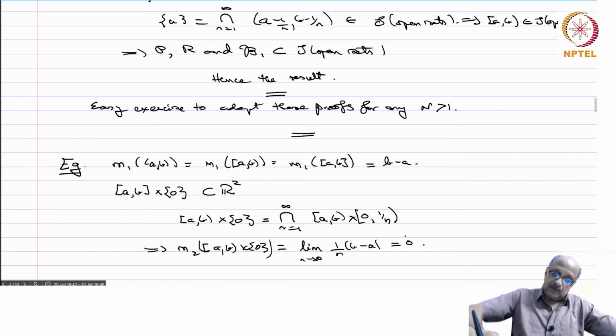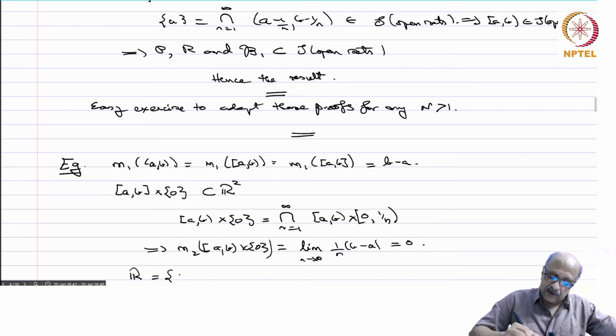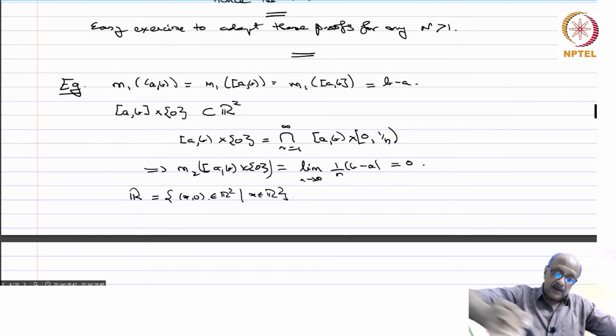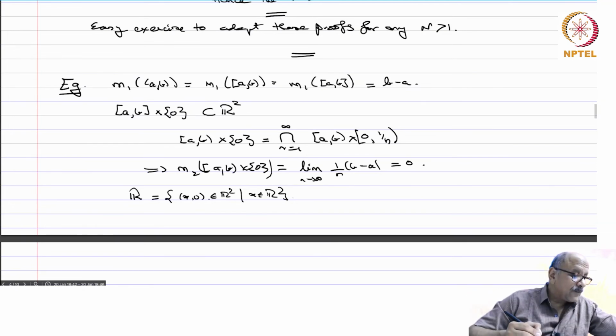So now you consider R equals the set of all (x, 0), x in R^2. Okay, so the x-axis can be considered as a subset of R^2.